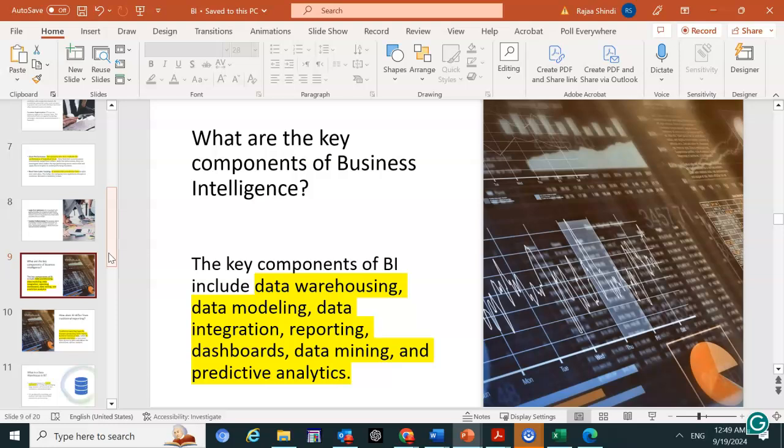Remember, BI is an information system, just like any other information system. The key components of BI focus on the data: data warehousing, data modeling, data integration, reporting, dashboarding, data mining, and predictive analysis. These are the terminologies we use when we talk about business intelligence tools.